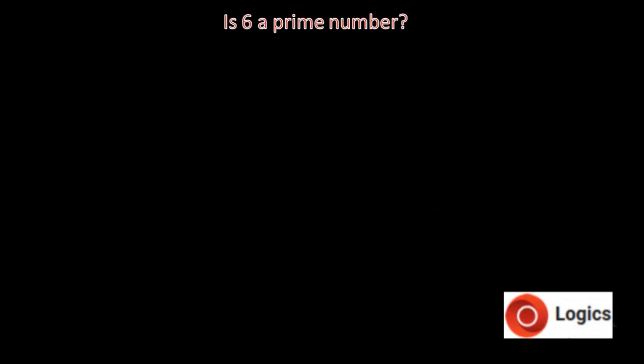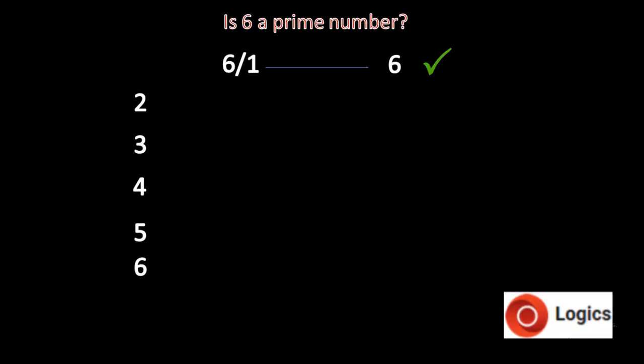To check whether 6 is prime or not, first list the numbers before 6: 1, 2, 3, 4, 5, 6. Let us check if 6 is divisible by 1 or not. Yes, 6 is divisible by 1.